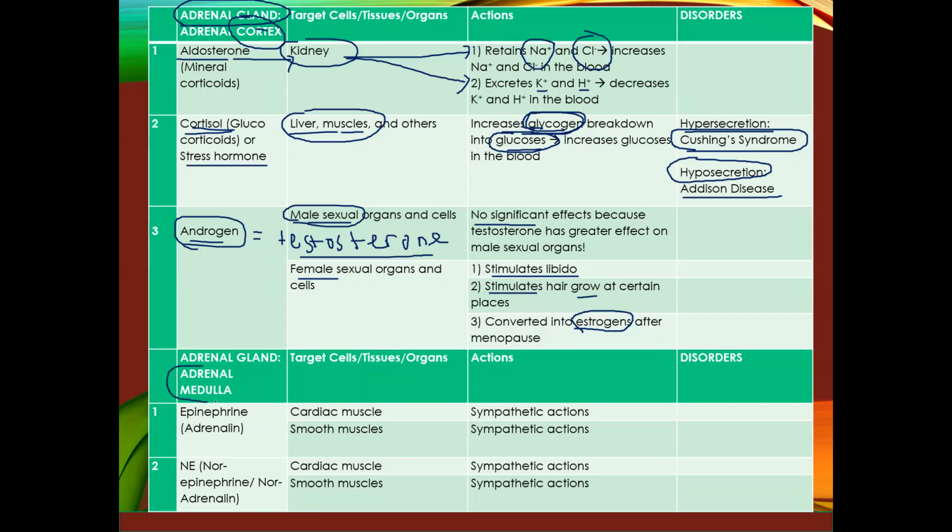Now the adrenal medulla produces two hormones, epinephrine and norepinephrine. If we remember about the nervous system, there is the autonomic nervous system that consists of sympathetic and parasympathetic. The sympathetic nervous system produces the same chemicals, epinephrine and norepinephrine.